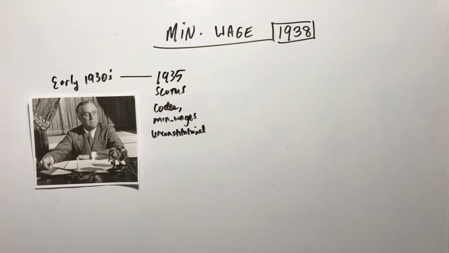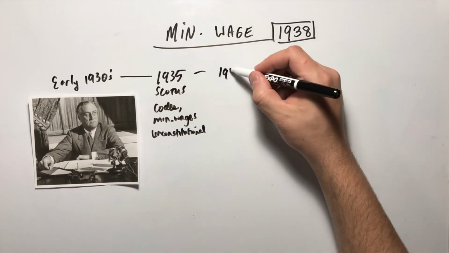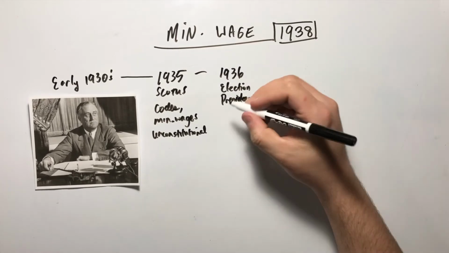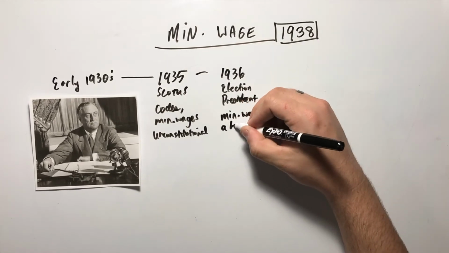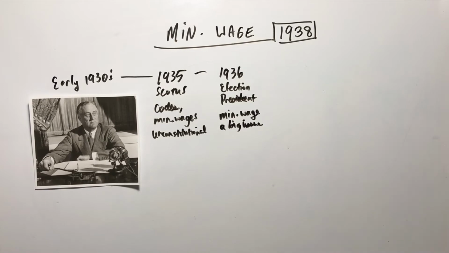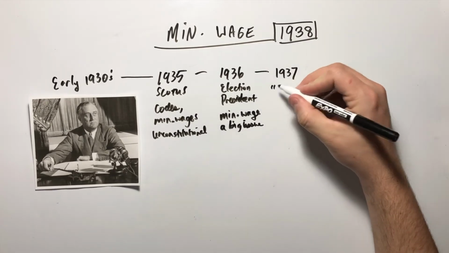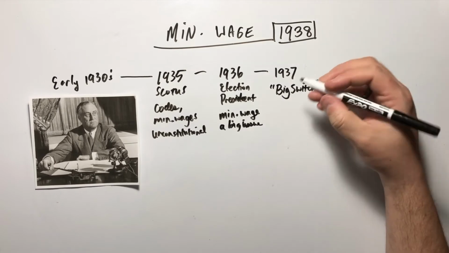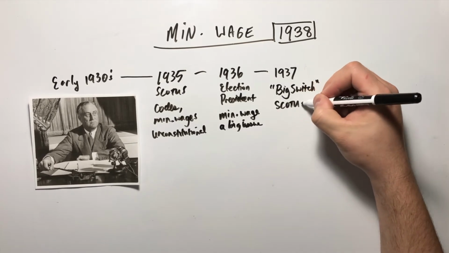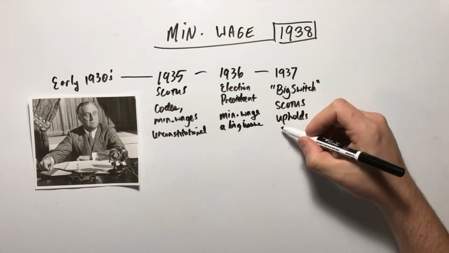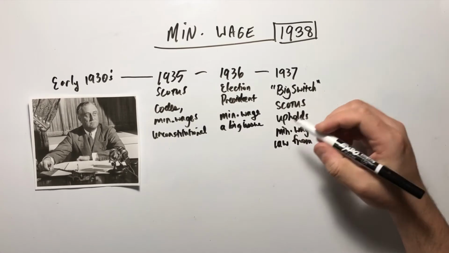And so, in the 1936 election for president, minimum wage is a big issue. It's something that FDR wants to try to get pushed through. In 1937, in what's known as the Big Switch, the Supreme Court of the United States upholds a minimum wage law from the state of Washington.